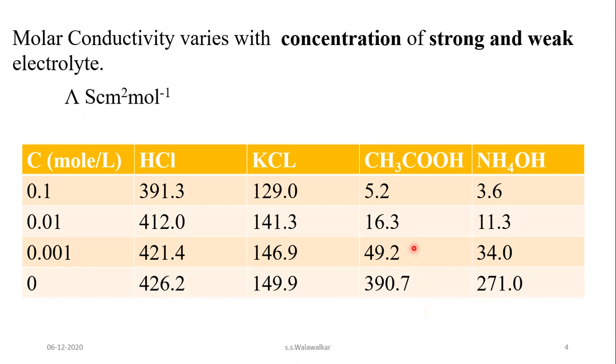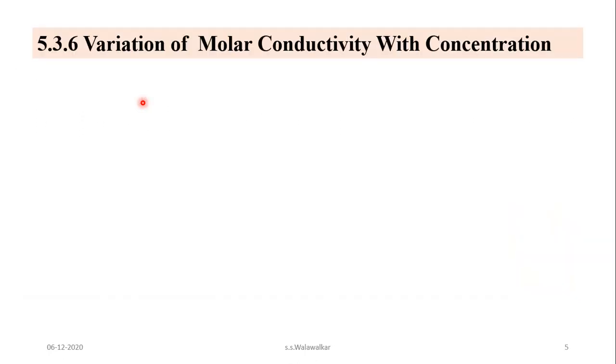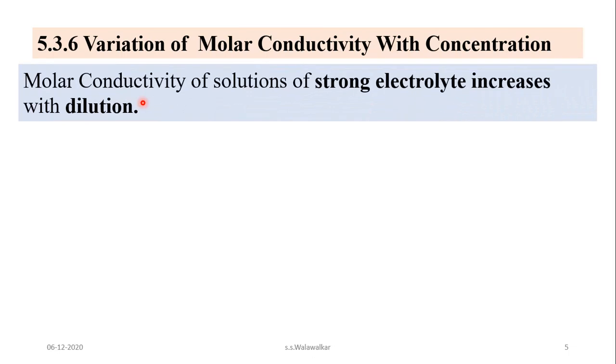From 49.2 it becomes 390.7, whereas here for strong electrolyte it is 421.4 to 426.2.